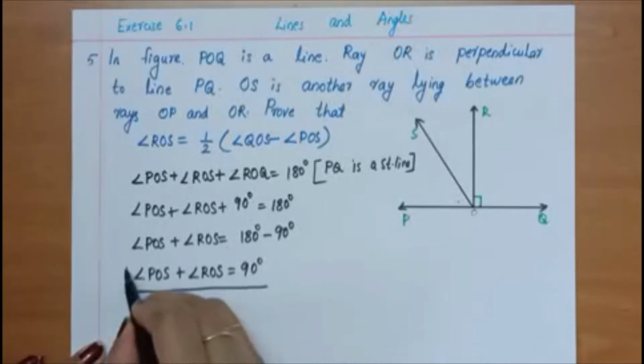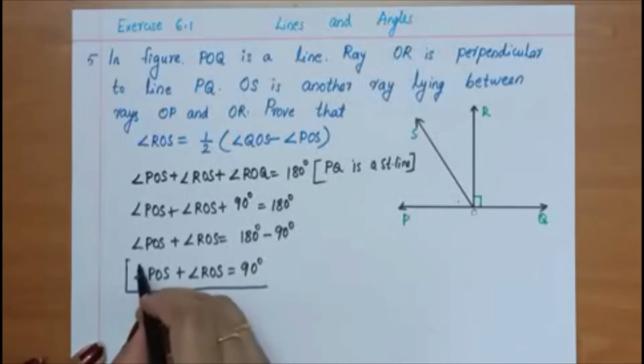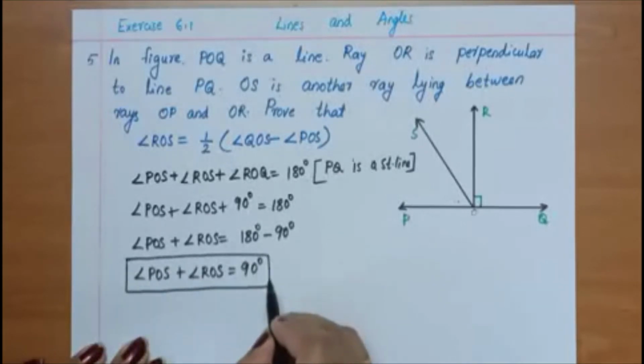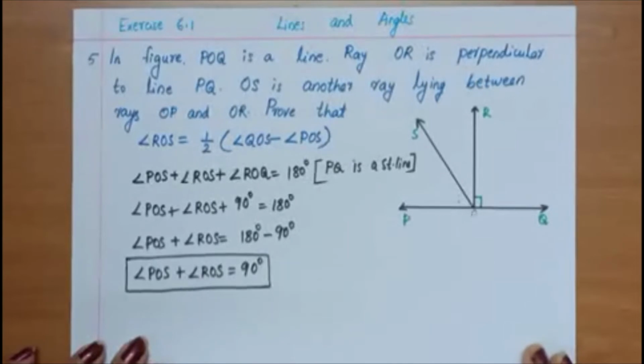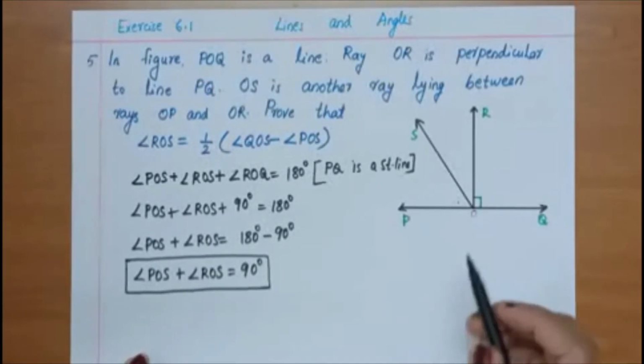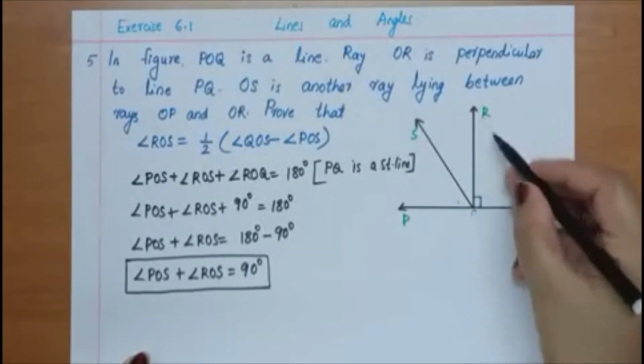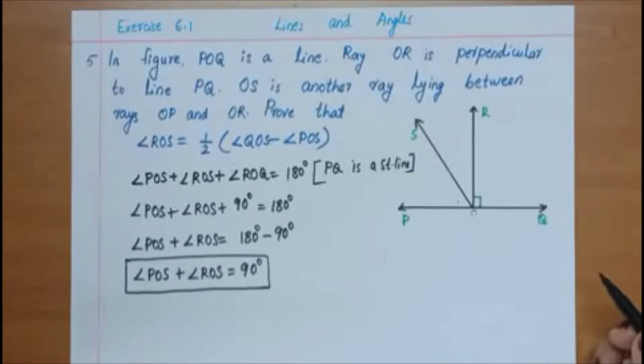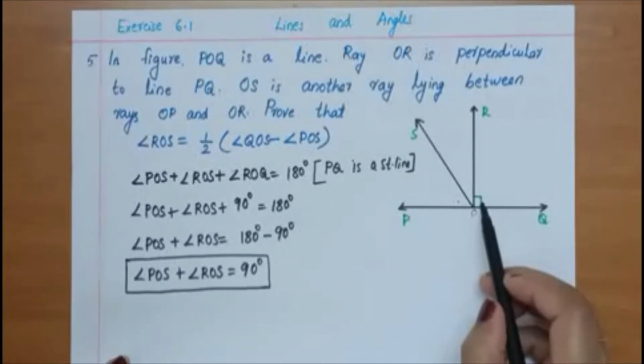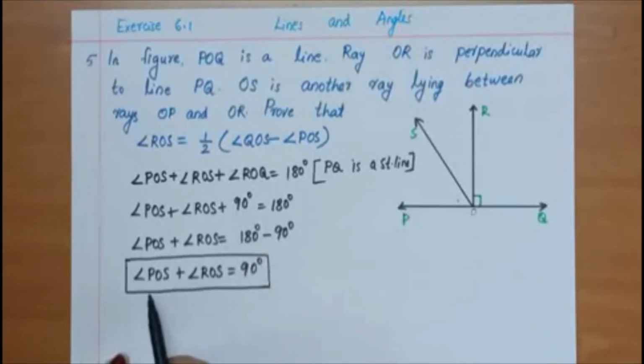I am putting this in a box because we need it later. Once again, angle POS plus angle SOR plus angle ROQ equals 180 degrees, angle ROQ is 90 degrees, so substituting, angle POS plus angle ROS equals 90 degrees.